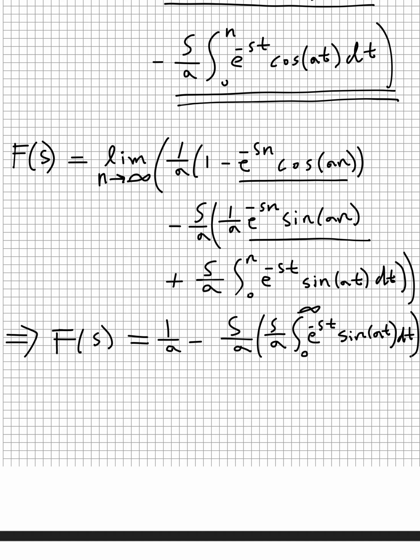And that's going to close parentheses here. Okay? You can simplify this again, and you get 1 over a minus s squared over a squared, times the improper integral from 0 to infinity of e to the minus s times t sine at dt, just like that.